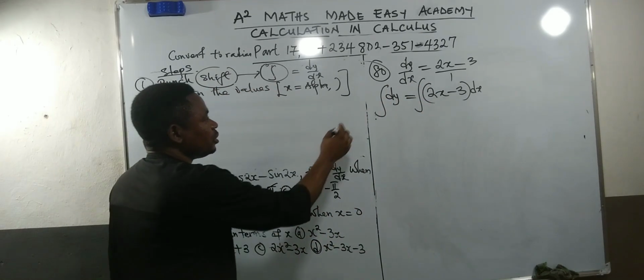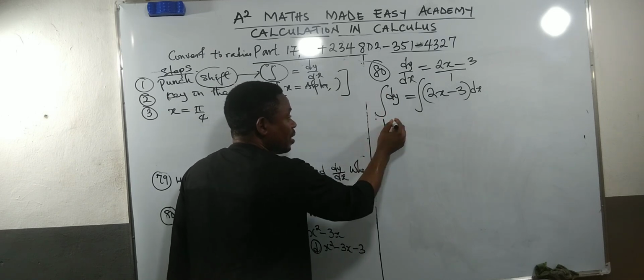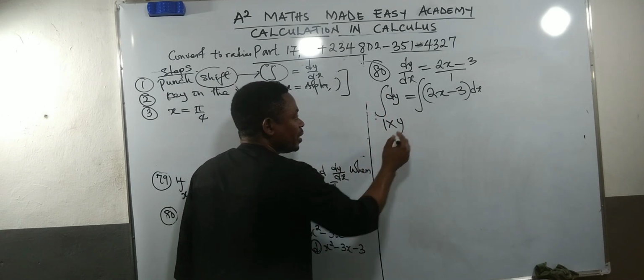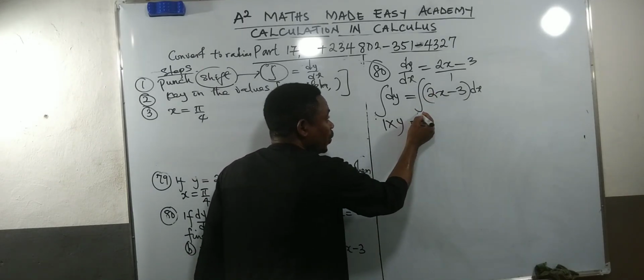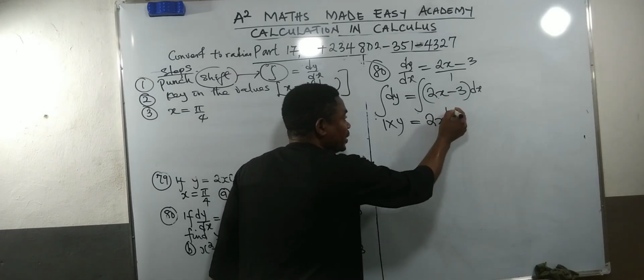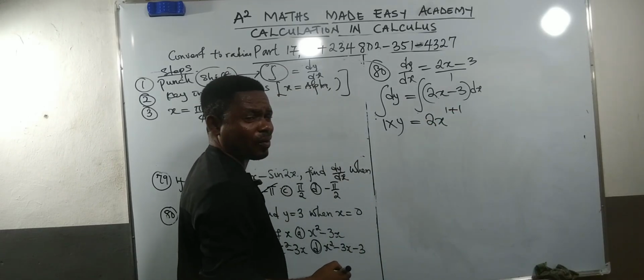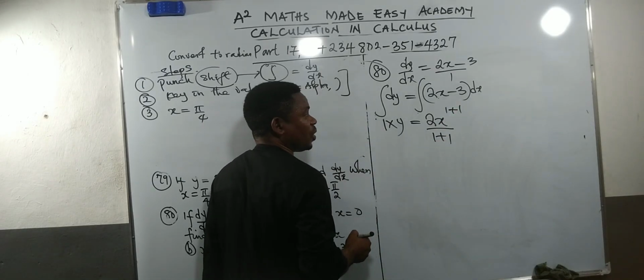Now, if this is a constant, right? When you integrate a constant, bring it out and multiply by the variable, which is y. So this is now equal to, integrate one after the other. The symbol will disappear. Write 2x, invisible 1. Integration says add plus 1 to the power. Then you go down and introduce 1 plus 1 in the denominator.